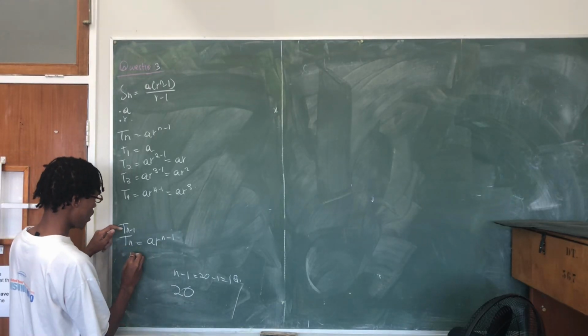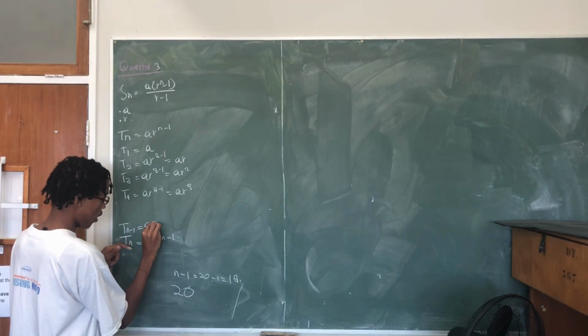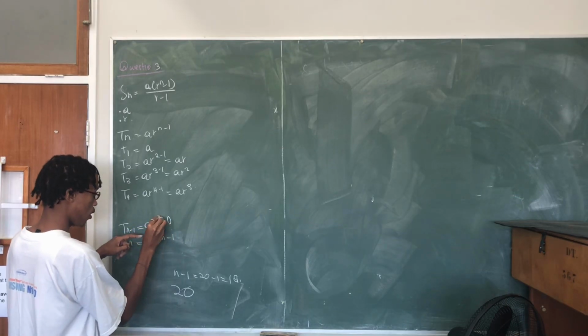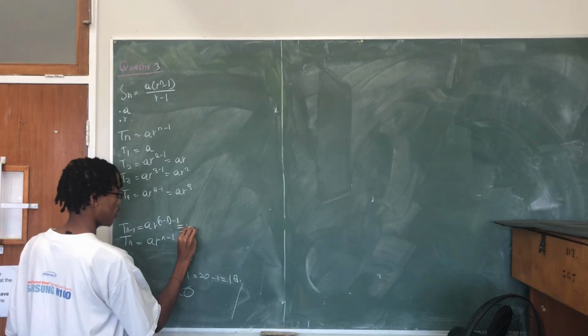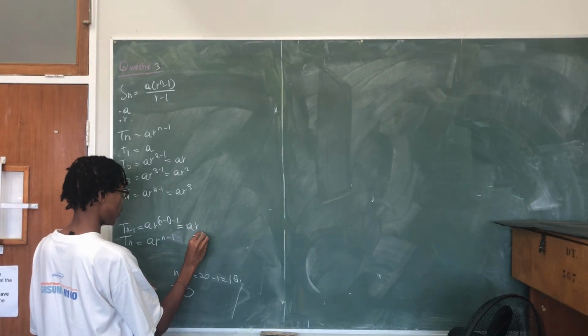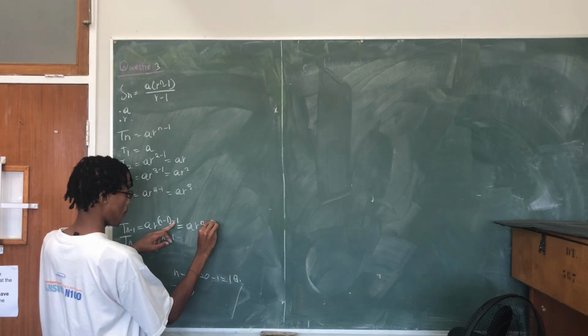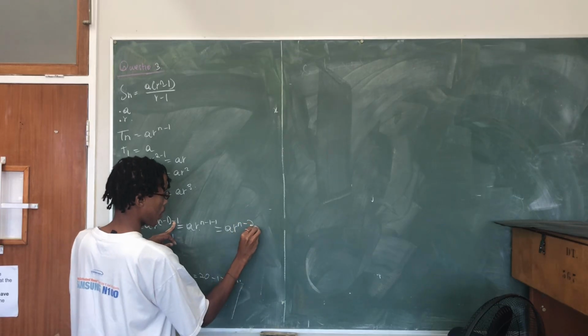So Tn minus 1 is going to be a r to the power n minus 1 minus 1, which gives us a r to the power n minus 2.